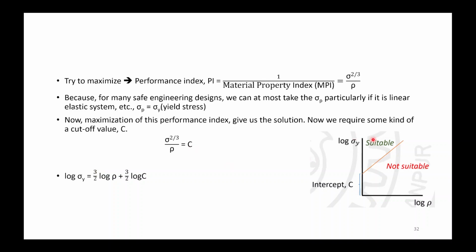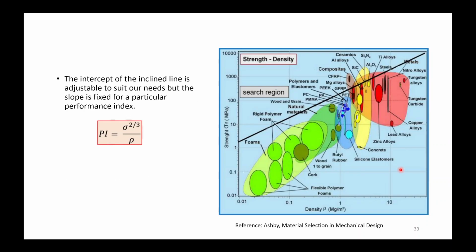The area above this line will be suitable materials, and materials below this line won't be suitable. When we draw this line in the Ashby diagram, we select these materials. So this is our search region. The intercept of the inclined line is adjustable to suit our needs, but the slope is fixed for a particular performance index.